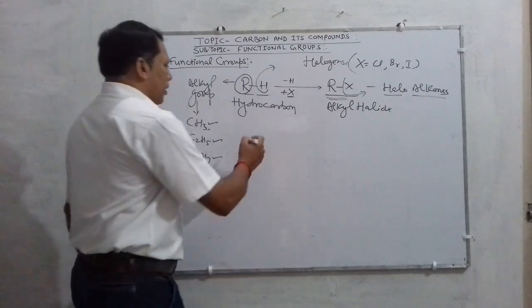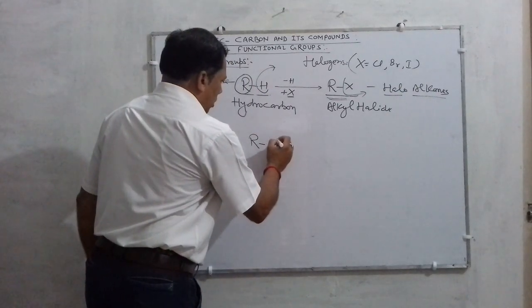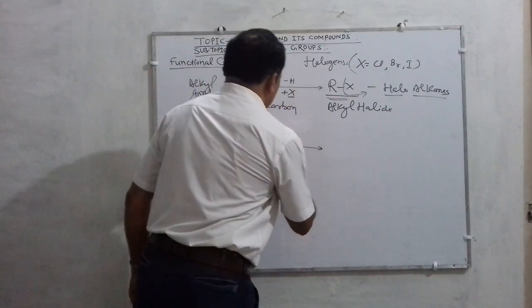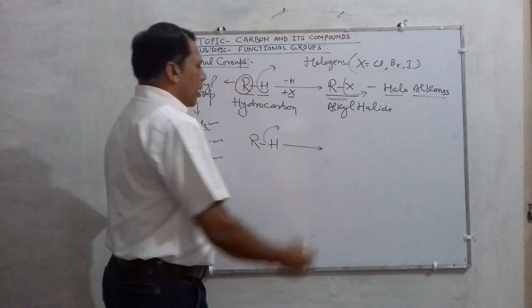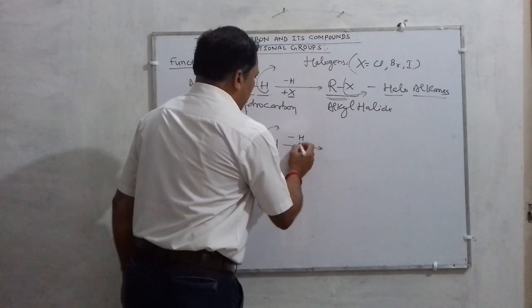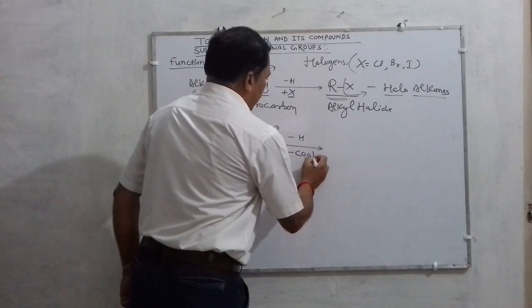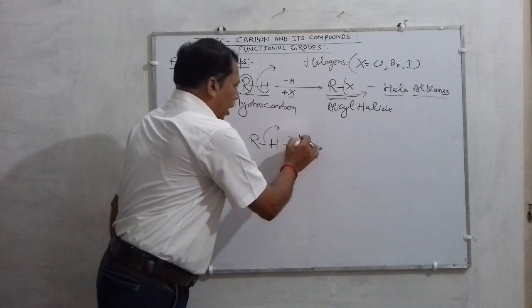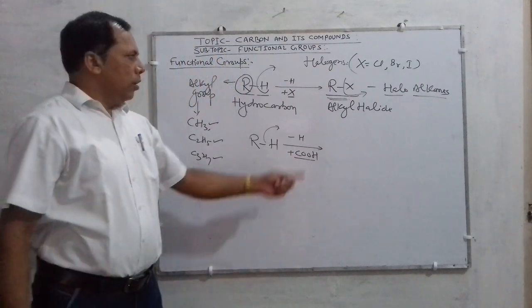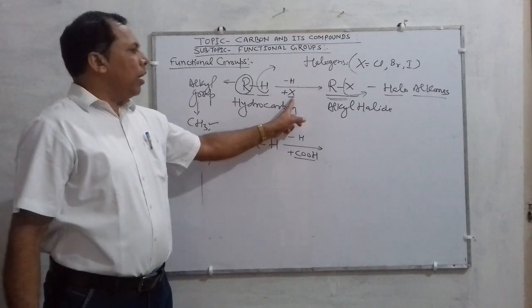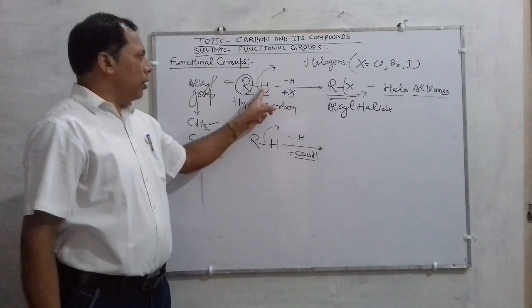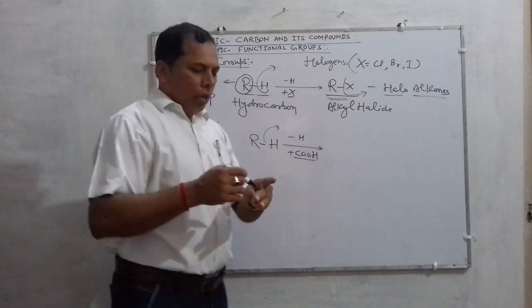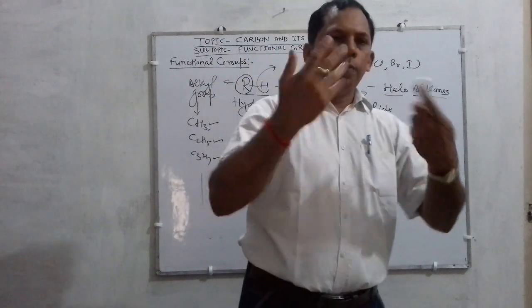Another example, let us try taking. Suppose this is your hydrocarbon and this hydrogen atom is replaced by a group of atoms. Suppose I am replacing this hydrogen by the COOH group. In the earlier example, the hydrogen atom was replaced by a particular atom, but according to the definition, it can be a particular atom or a group of atoms.